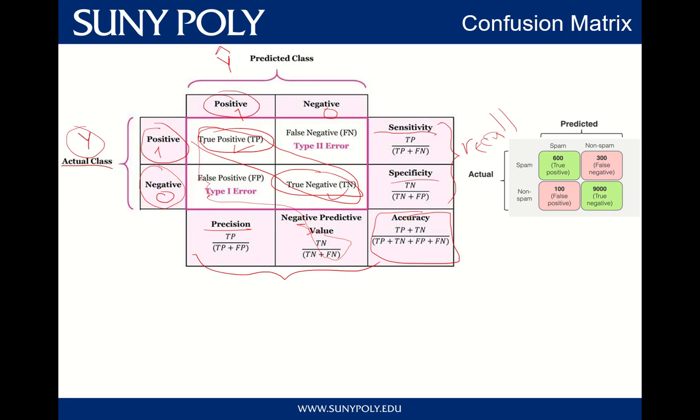So for the positive, for example, we're saying this column, the sum of these, refers to observations that our model predicted as positive, right? So how many of them were classified correctly? That's true positive divided by the sum of this column, right? So that gives you how much you can trust your model. That's a quality metric. It measures the predictive capability of your model.